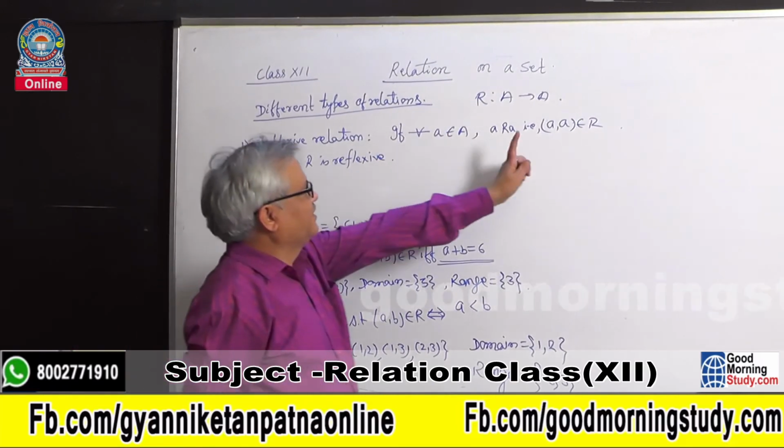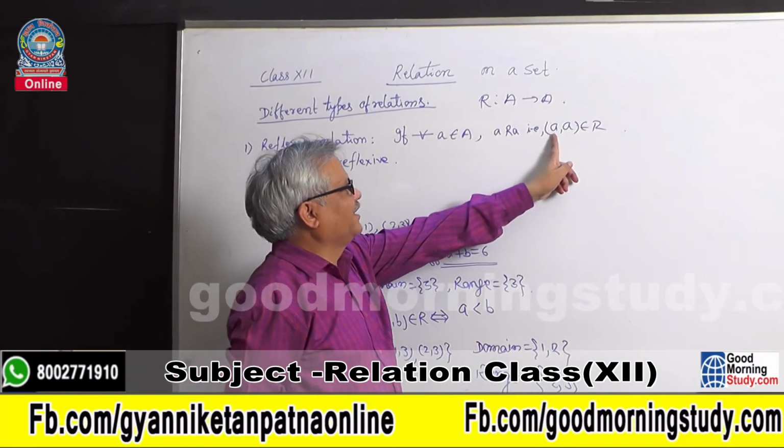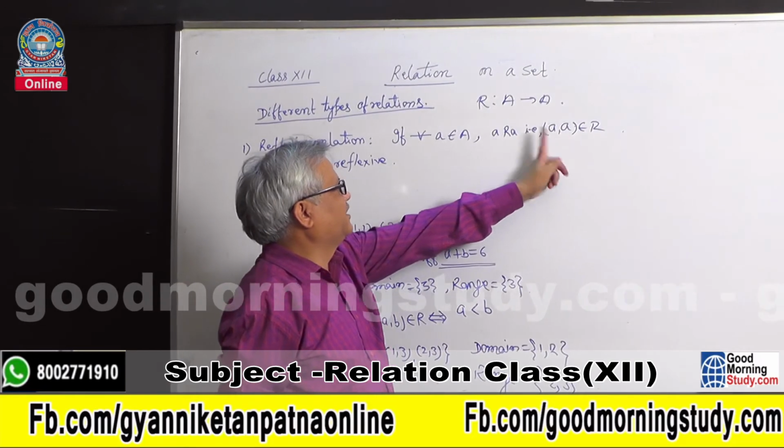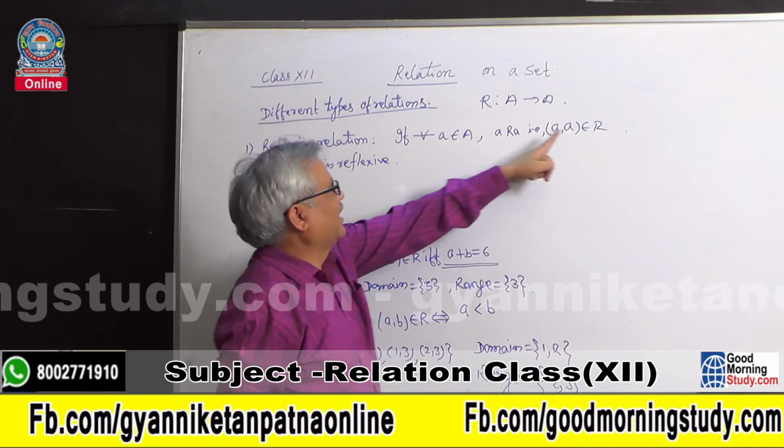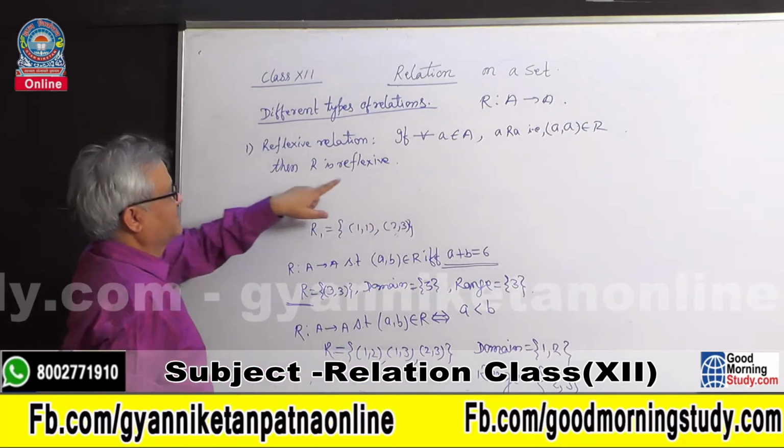Means each element should be related to itself. A is related to A, then (a, a) belongs to R, and that relation will be a reflexive relation.